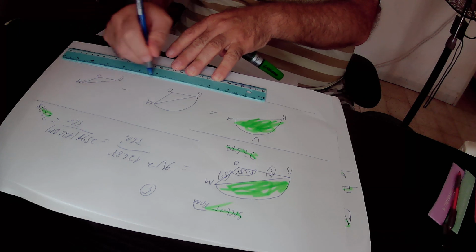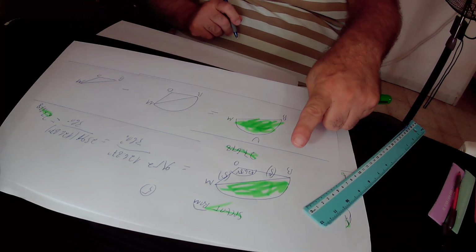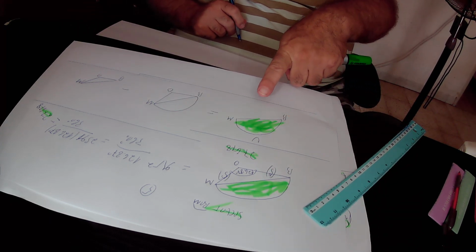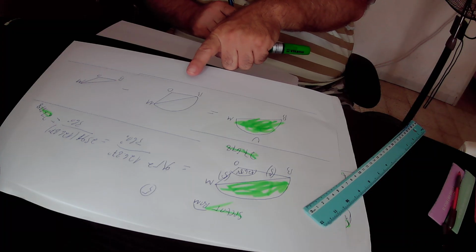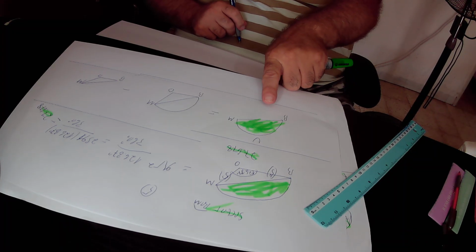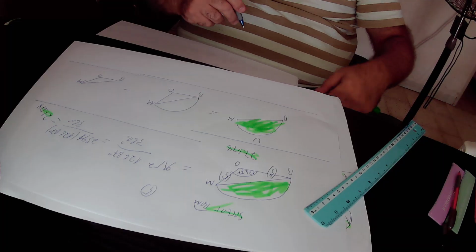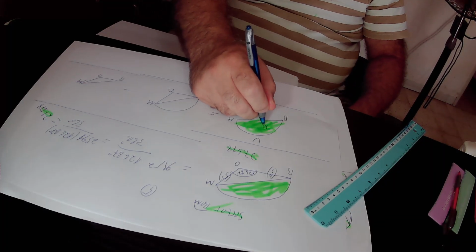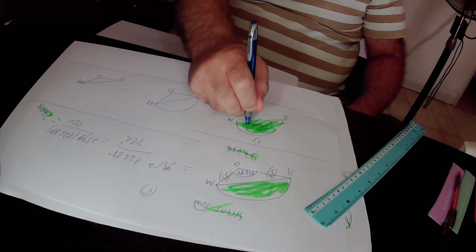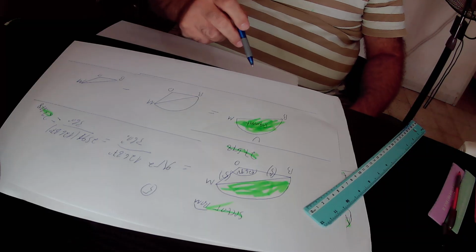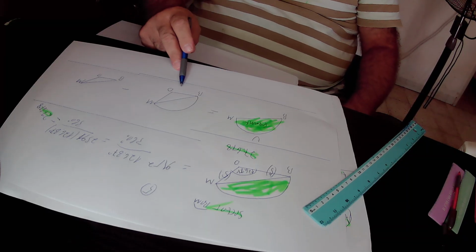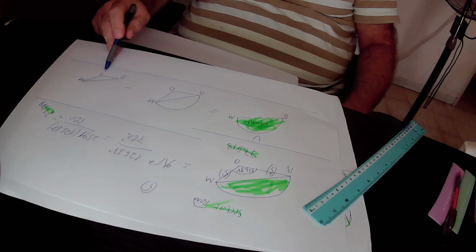Repeat again: the area of the upper segment BOM is equal to the area of sector BOM minus the area of triangle BOM.